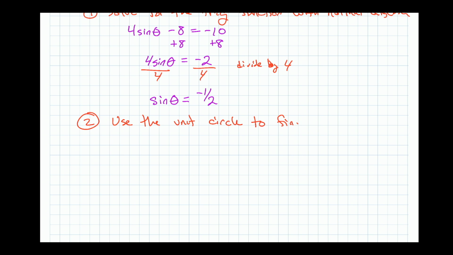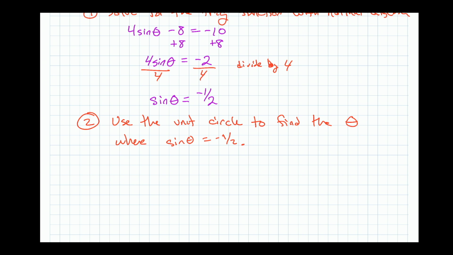to find where that occurs. Find the theta where sine theta in this case is negative 1/2. Okay, so you just go back up to your unit circle and say, where is sine theta equal to negative 1/2?